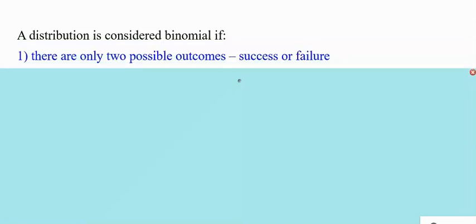With expected value, we talked about rolling a die, which had 6 outcomes. We also had a bag of money where there were 4 different types of money, so 4 different outcomes. With binomial distribution, we're talking about just 2 outcomes. It's either success or failure.